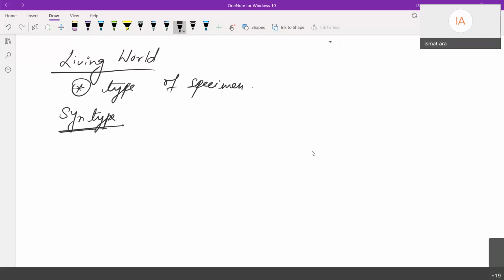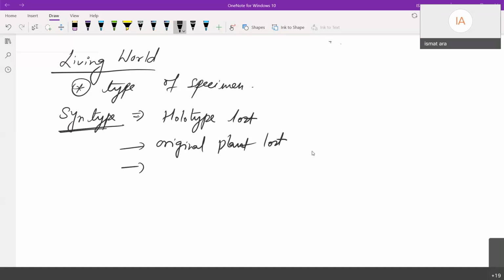Syntype. What is the meaning of syntype? Suppose you have lost the holotype. You have lost the original plant. Then in that condition, you will make many herbarium sheets. Suppose the holotype is lost, the original plant is also lost, then you are preparing herbarium sheets.